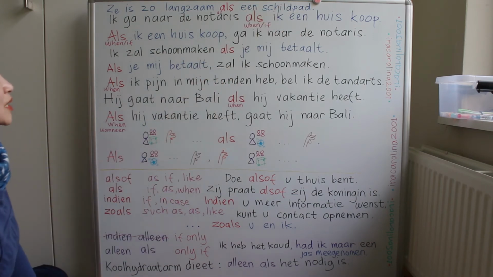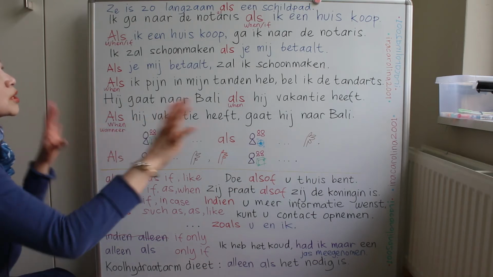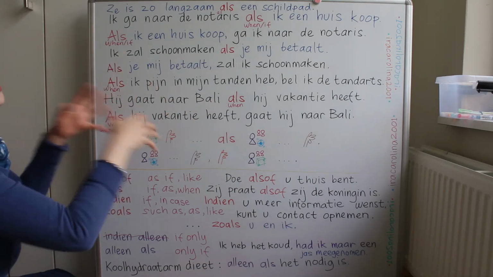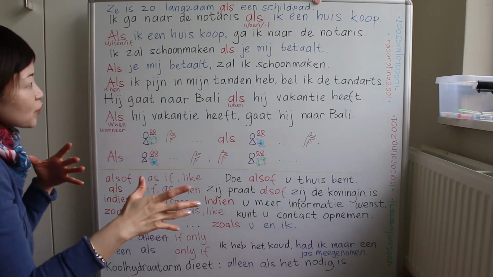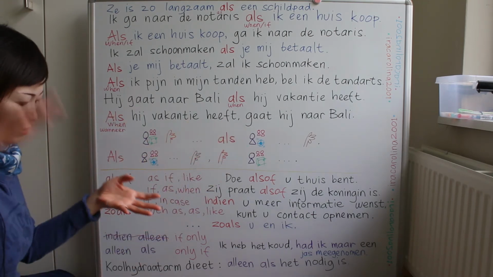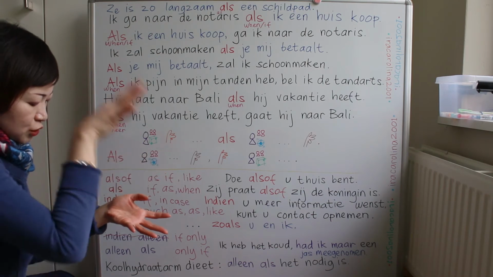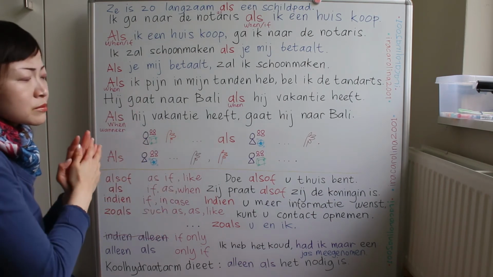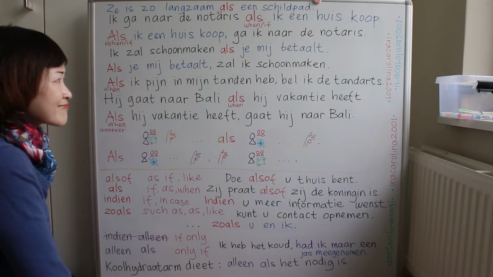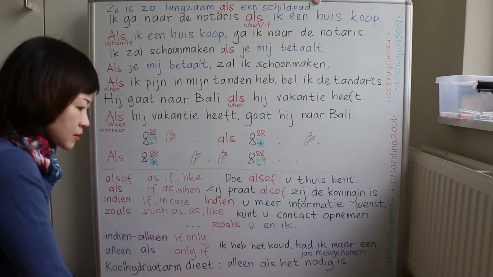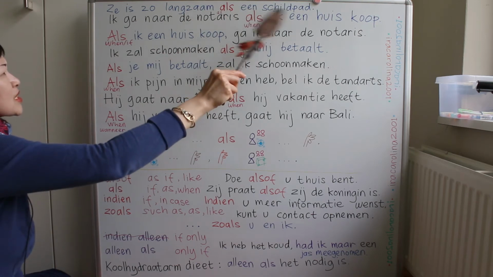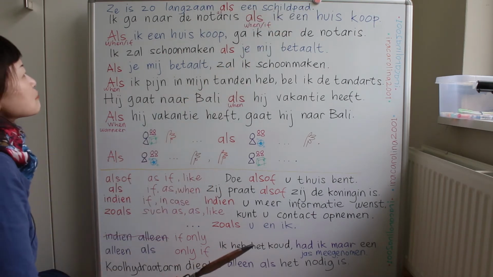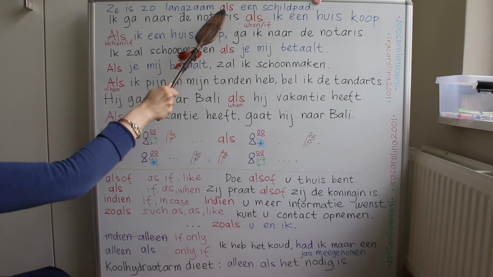One word, even though it's from two words. Shield, "pad", big frog. There's a shield on top, so it becomes turtle. That's where the word comes from. Turtle, "schildpad". So this "als" is "as".